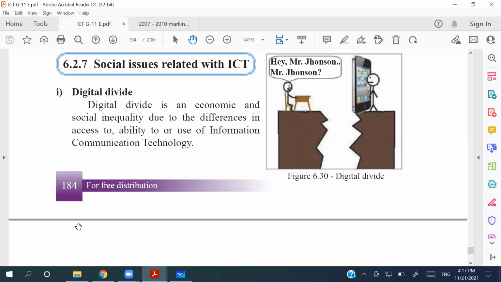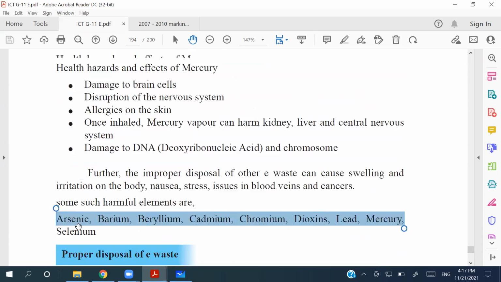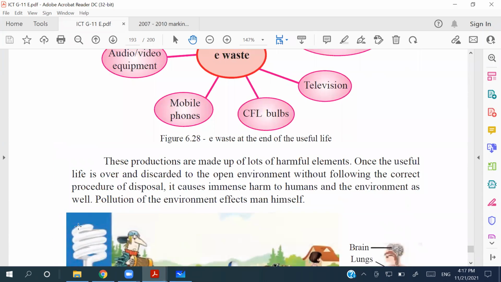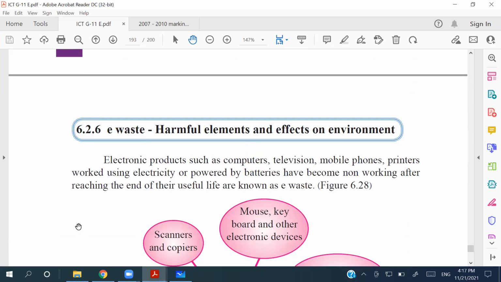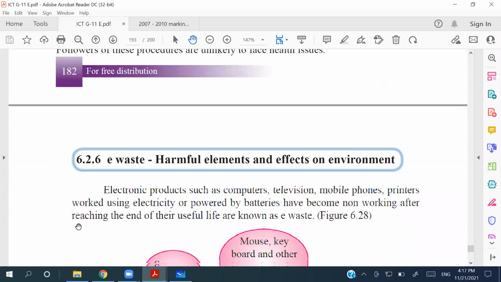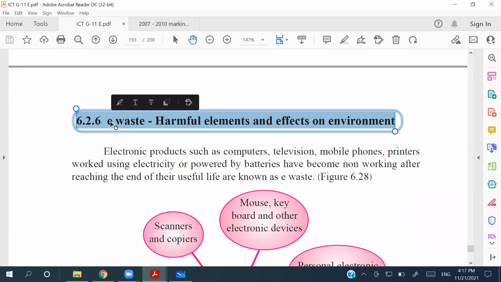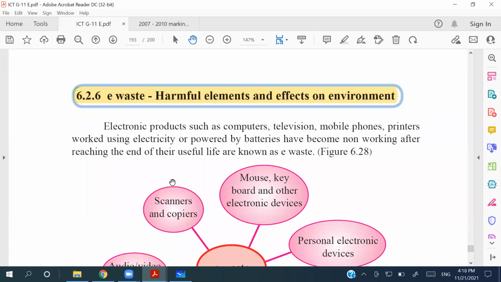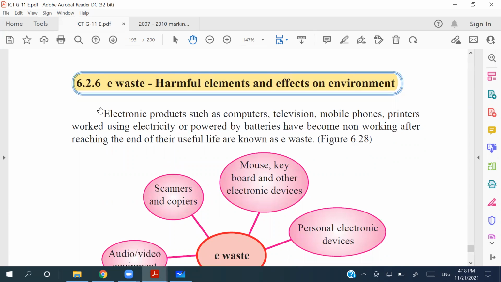Before we come to the social issues, it's better we write down the simpler things from this. So please add these things to your notes. Have the heading: e-waste, harmful elements, and the effects on the environment.